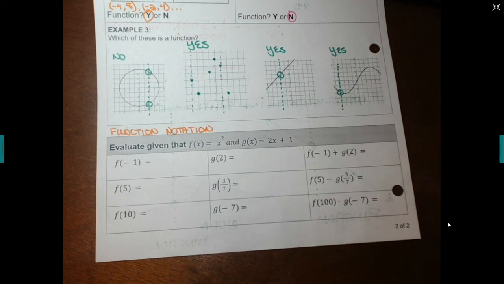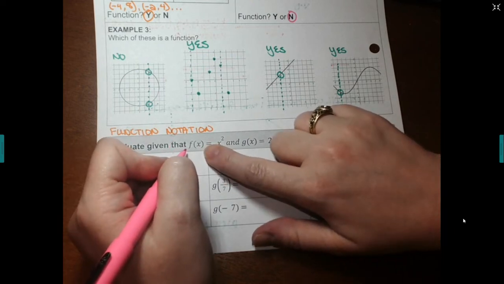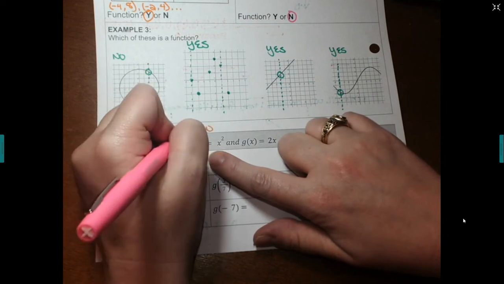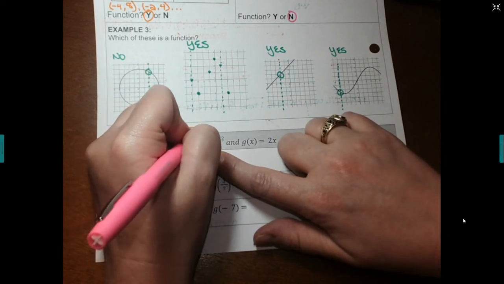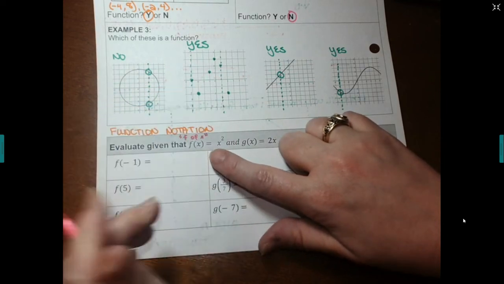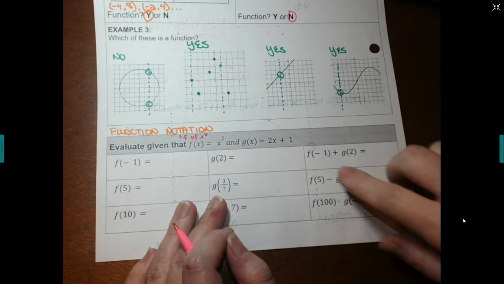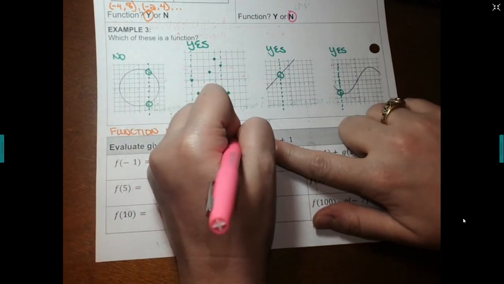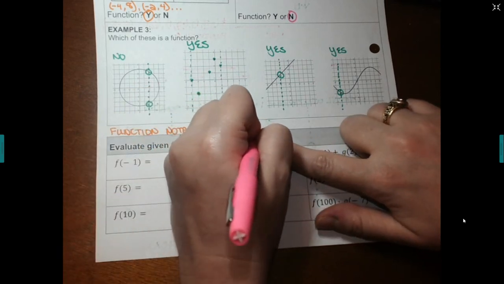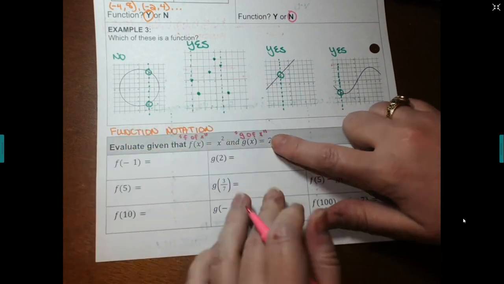So some things that we need to be aware of here are that whenever we see something that looks like this right here, where it says f parentheses x parentheses, this is actually said f of x. Or you might hear it called function f. This one, I bet you can't figure it out. It's g of x. Okay?